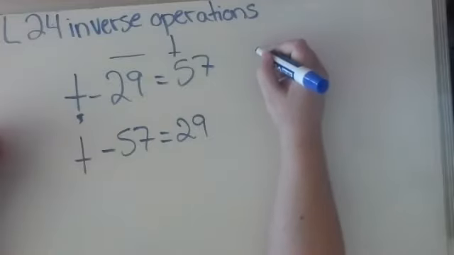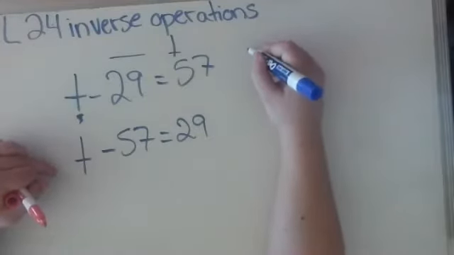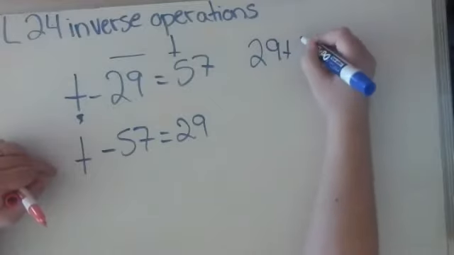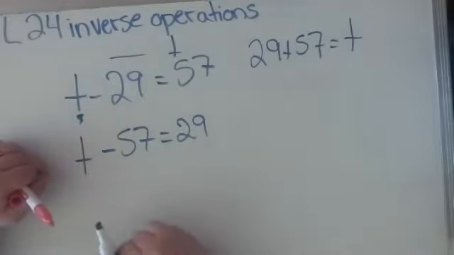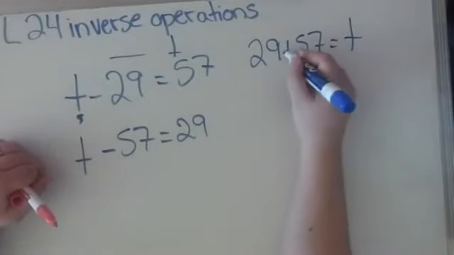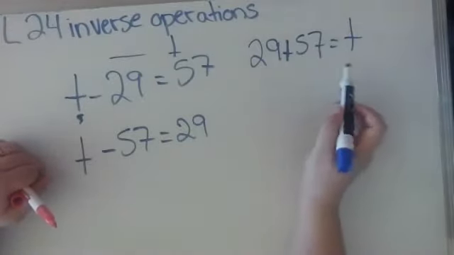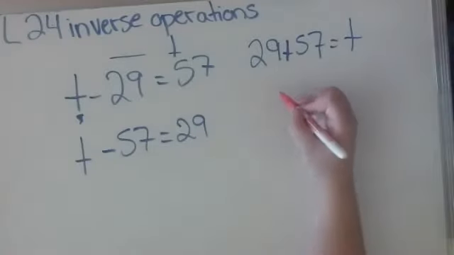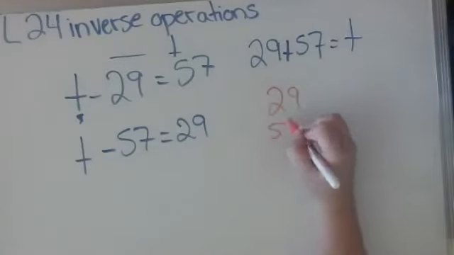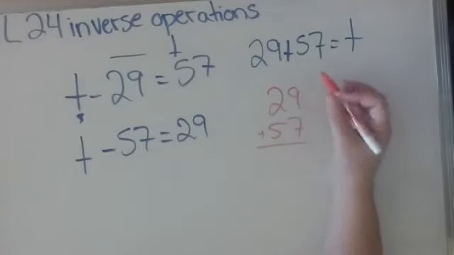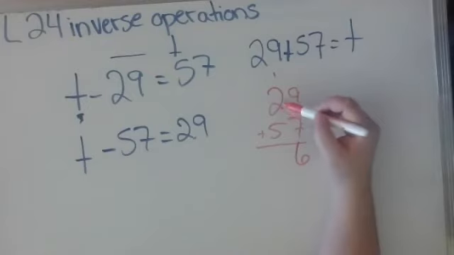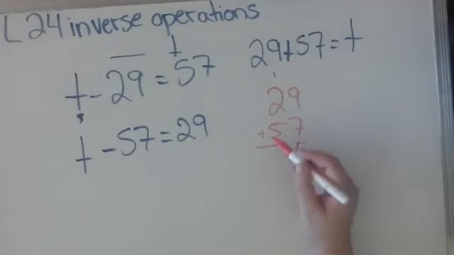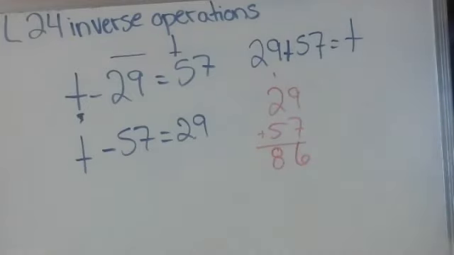Because I know this is my biggest answer, I now need to go 29 plus 57 equals T. Oh, that will help me. So I need to do 29 plus 57 to find T. Let's do that. 29, 57. 7 plus 9 is 16, so I place the 6, carry the 1. 2 and 5 is 7, plus 1 is 8, and I have 86.